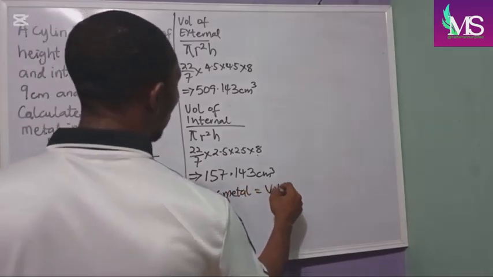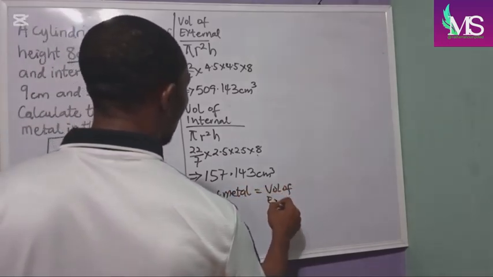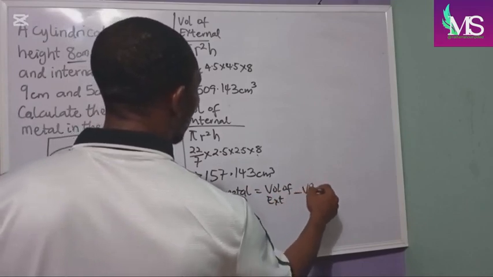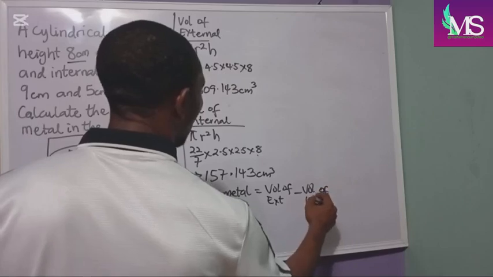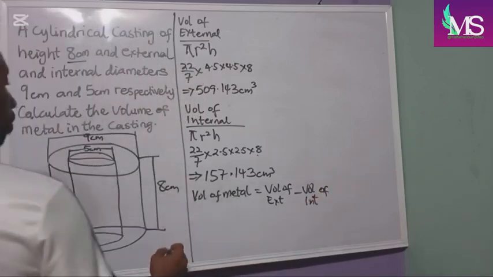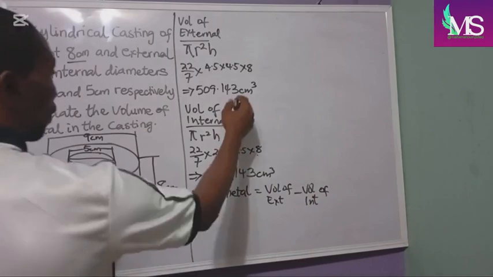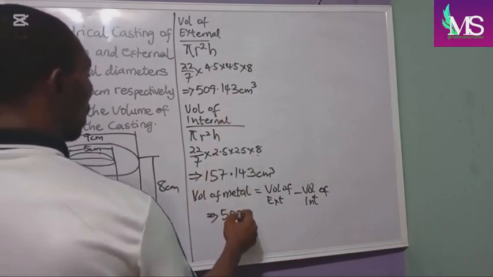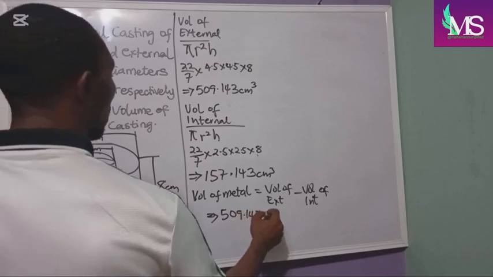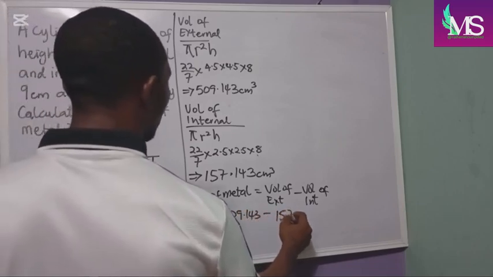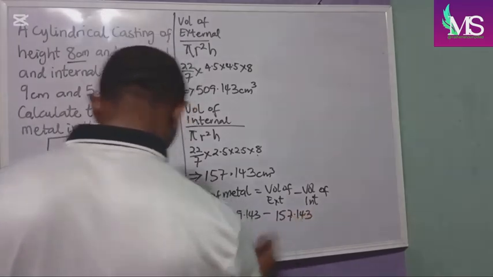Now we know that in order to find the volume of metal casting, the volume of metal will become volume of external minus volume of internal. So this will now give us 509.143 minus 157.143.